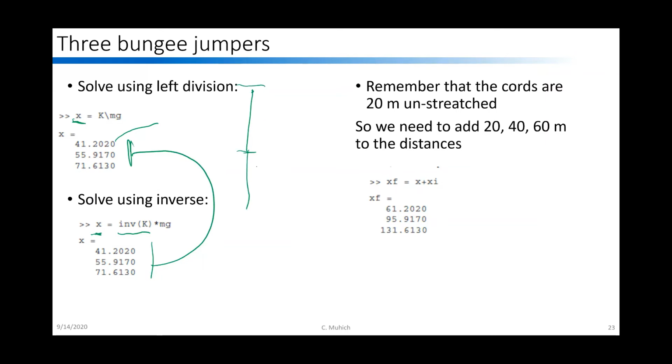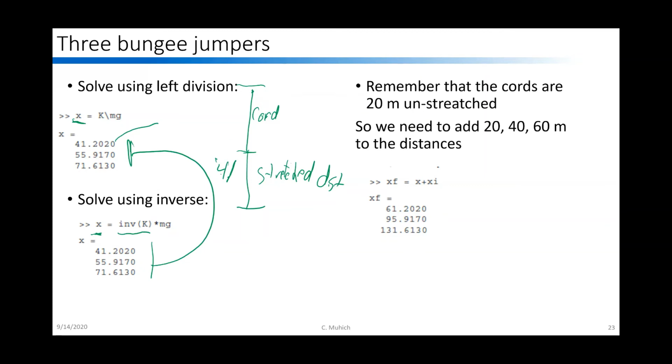Say this is the cord, this is the stretched distance, and that 41 is that stretched distance.